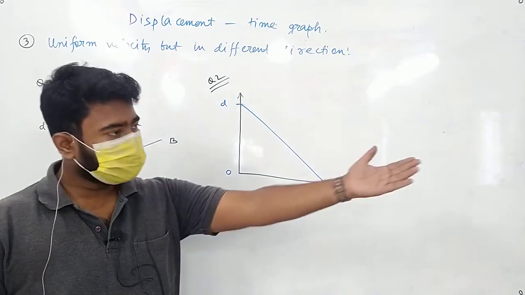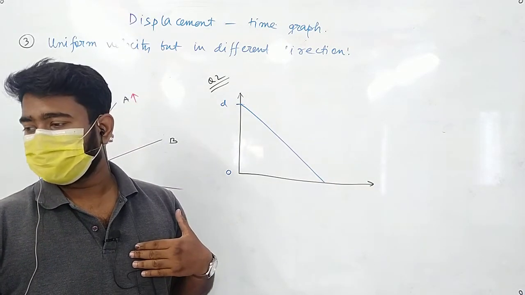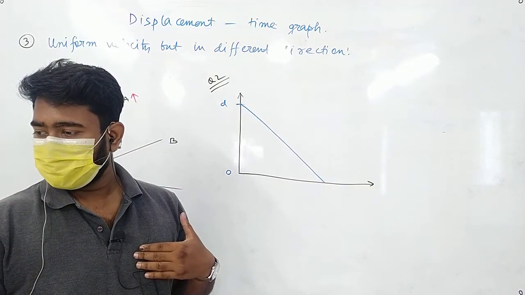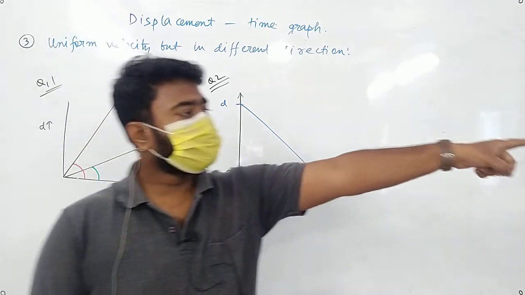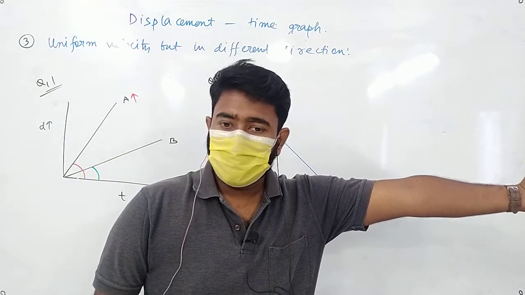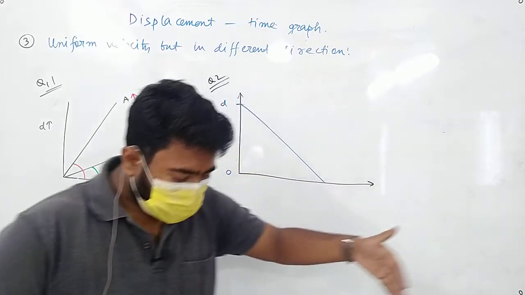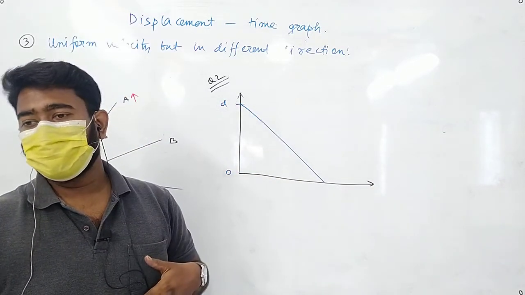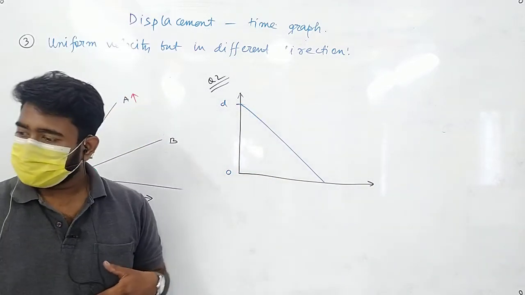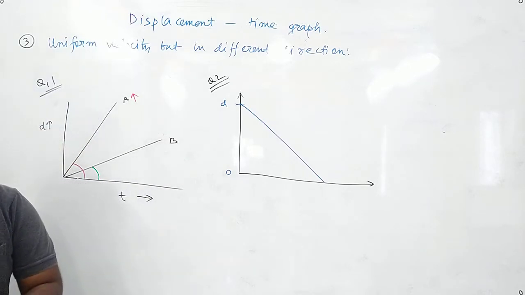So it means the bike is moving in the opposite direction. Is that clear? It means that a bike is at some distance in front of me, it is coming with a velocity and it is reaching me in the opposite direction. Is the idea clear?